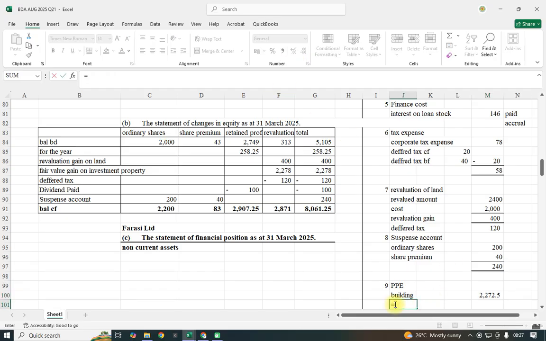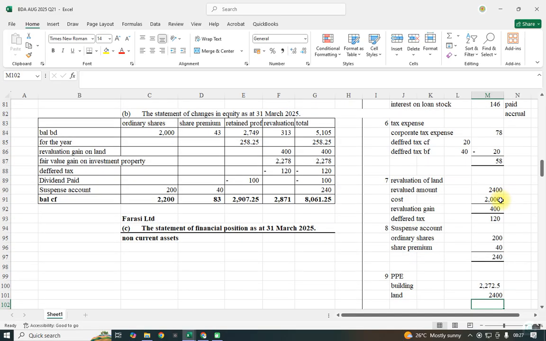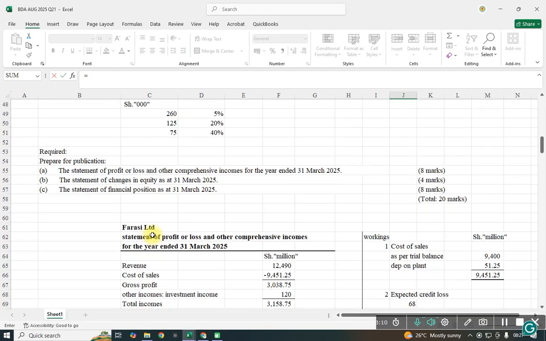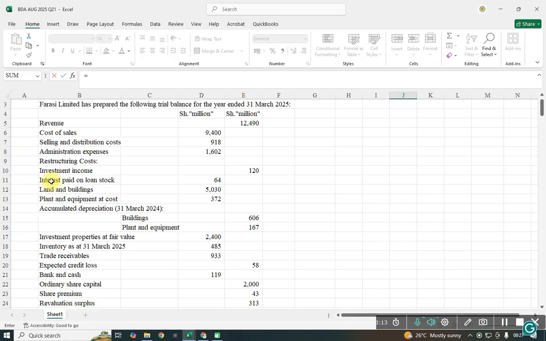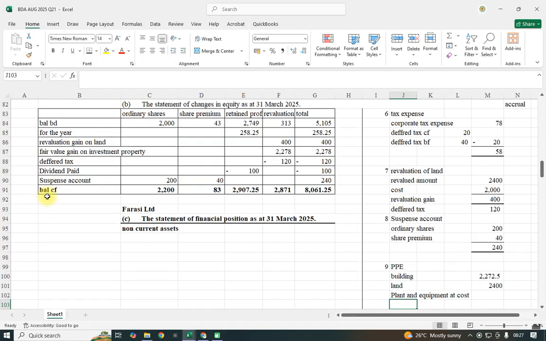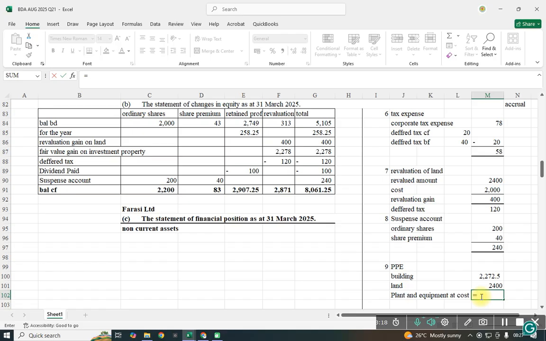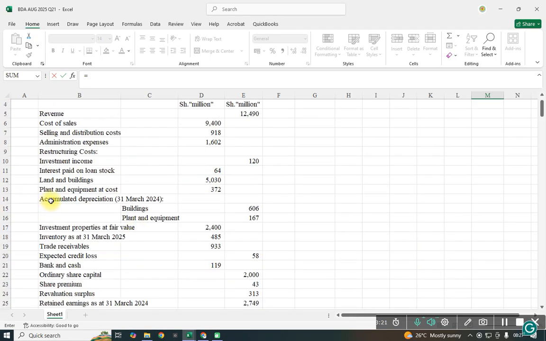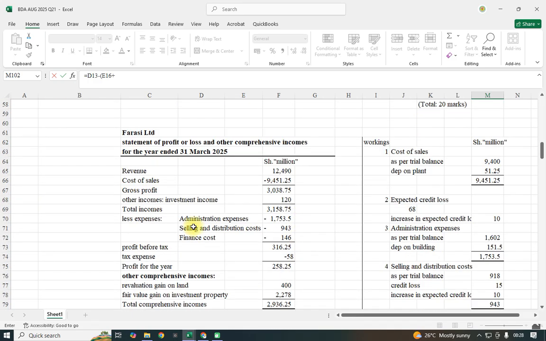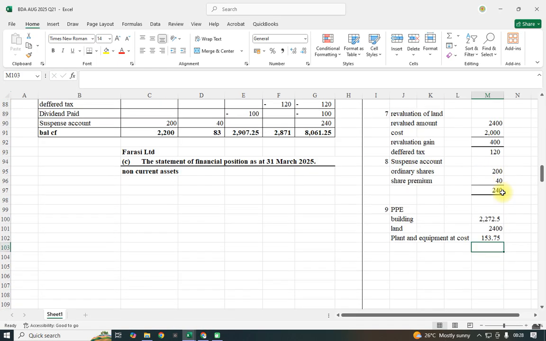Then we had land. Remember, land was revalued at 24. Then we had plant and equipment. The cost was 372, and you minus the accumulated depreciation of 167, and for the year we have calculated here, and you get the total for that.